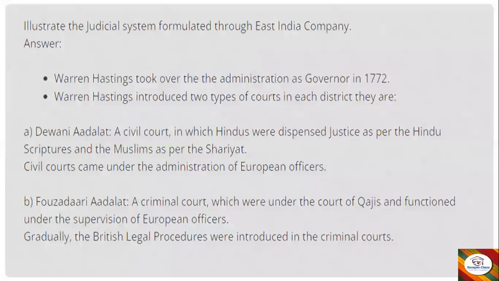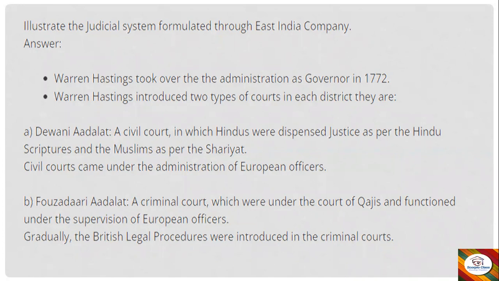Illustrate the judicial system formulated through the East India Company. Answer: Warren Hastings took over the administration as governor in 1772. Warren Hastings introduced 2 types of courts in each district. They are Diwani Adalat and Faujdari Adalat.